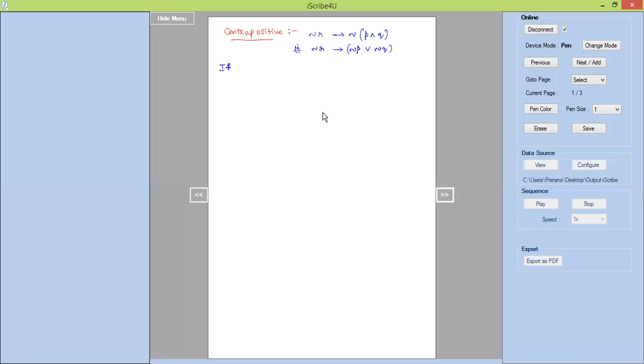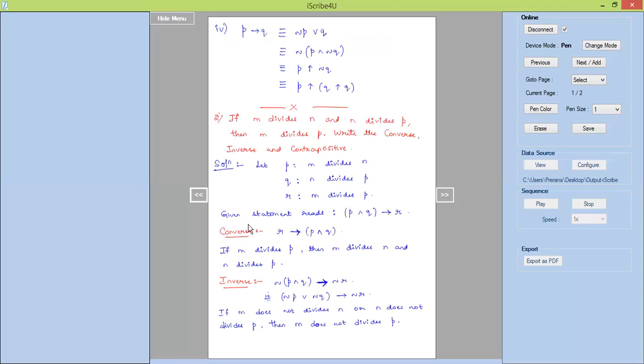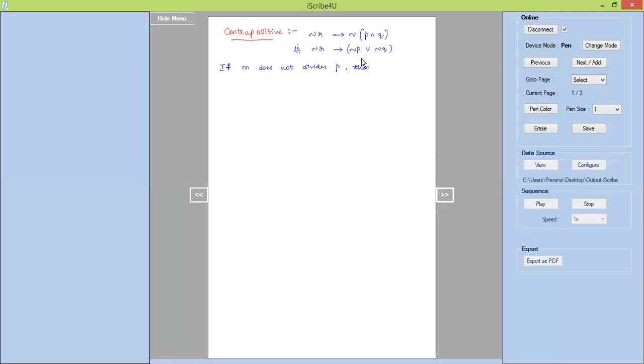So that is why we write: if M does not divide P, then negation P. Negation P means M does not divide N. Similarly, negation Q means N does not divide P. So then M does not divide N, and N does not divide P. So that is how we write down the converse, inverse and contrapositive of the given conditional.